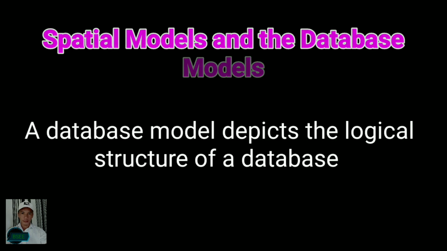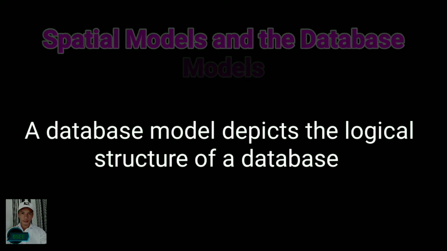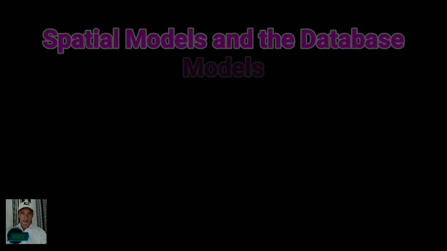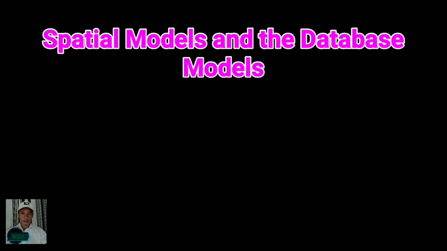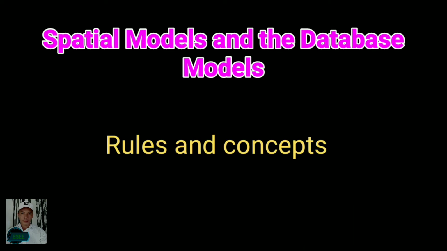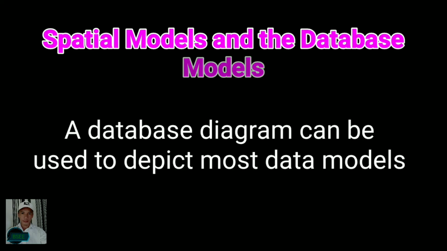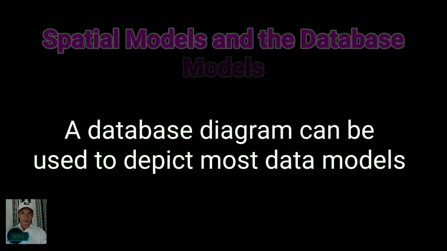A database model depicts the logical structure of a database as well as the relationships and constraints that govern data storage and retrieval. Individual database models are created using the rules and concepts of the bigger data model chosen by the designers. A database diagram can be used to depict most data models.